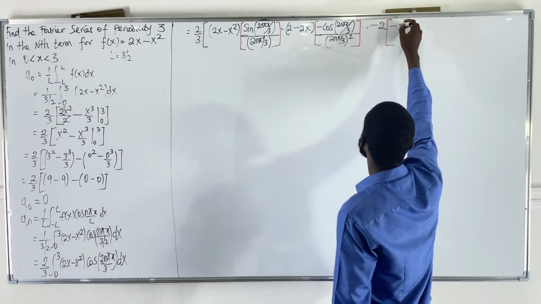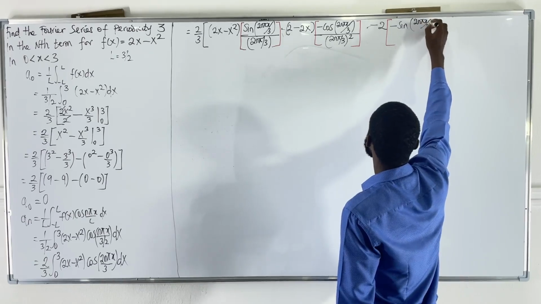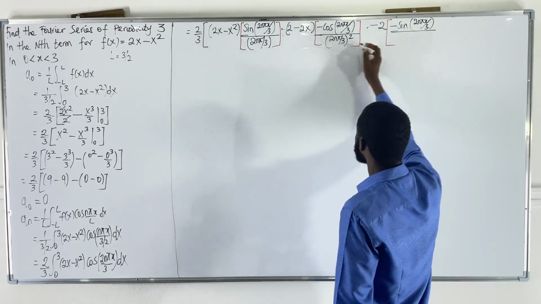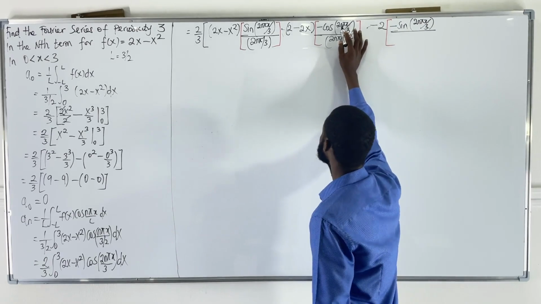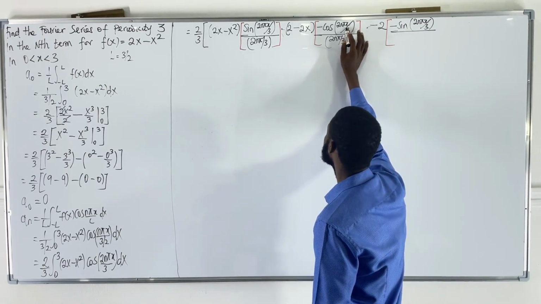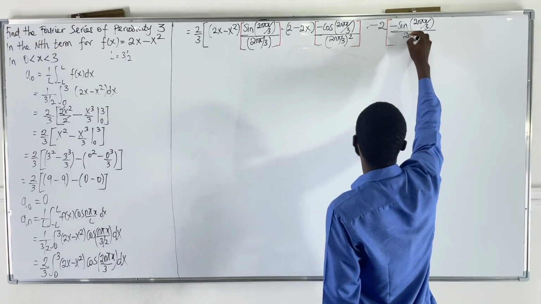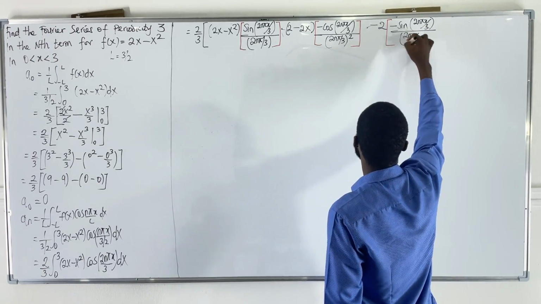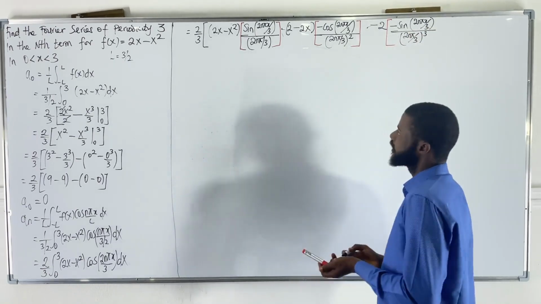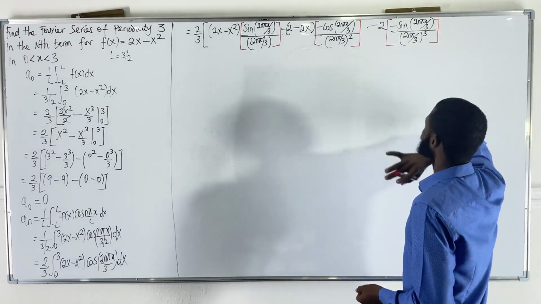Integrate cosine, you would have sine, then your angle is 2n pi x over 3 divided by, now this time around, when you differentiate 2n pi x over 3, you will get 2n pi over 3. So it's come and make this 2n pi over 3 all cubed. Okay. So this is what we're going to be having.